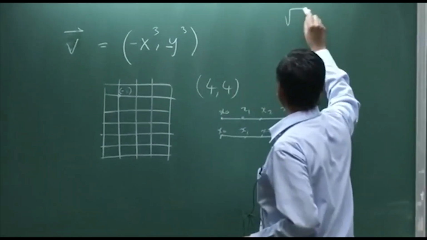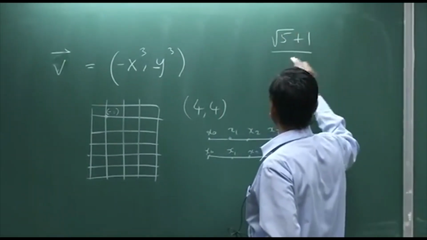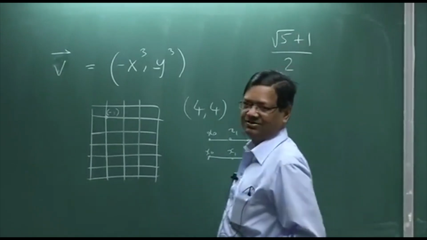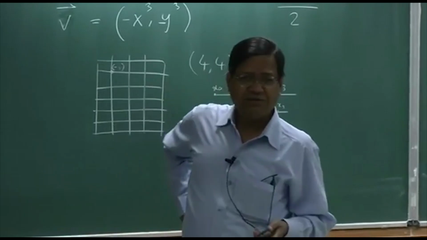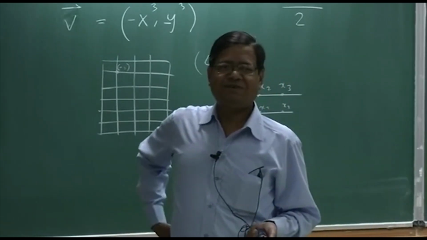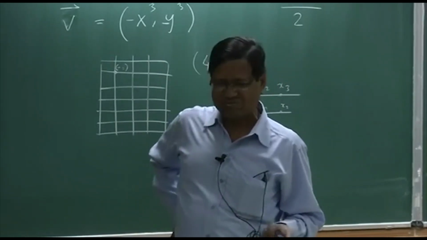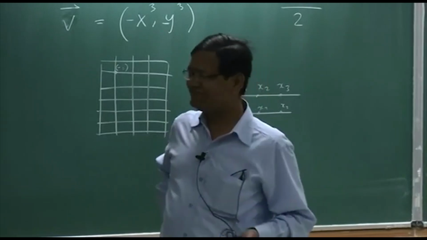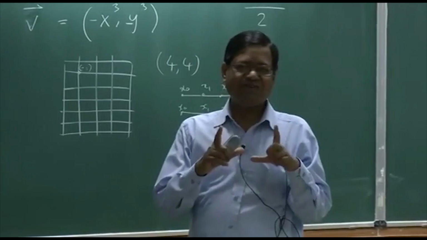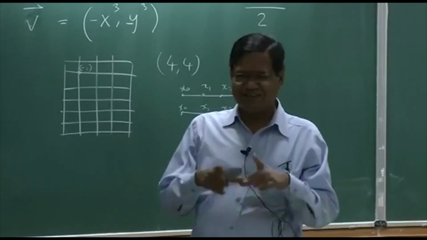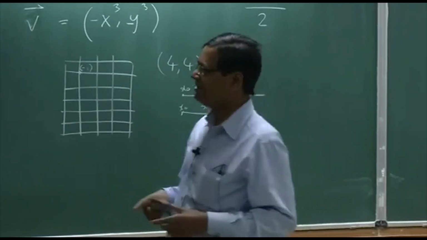Root 5 plus 1 by 2, which is 1.6 something. People have supposedly done some experiments, and this looks most pleasing. So normally a square is not the shape, it is more like your card shape.